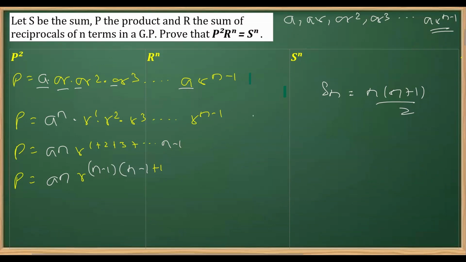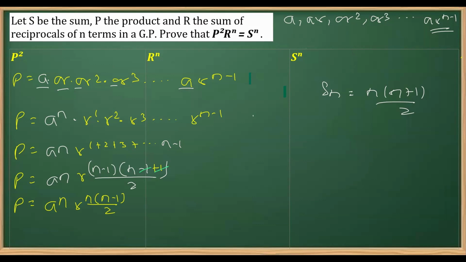The minus 1 and 1 get cancelled. So we finally get P as a raised to the power n, r raised to the power n into n minus 1 whole divided by 2.